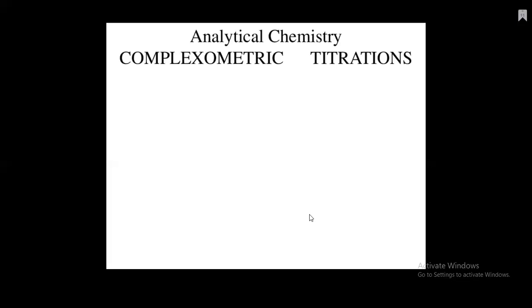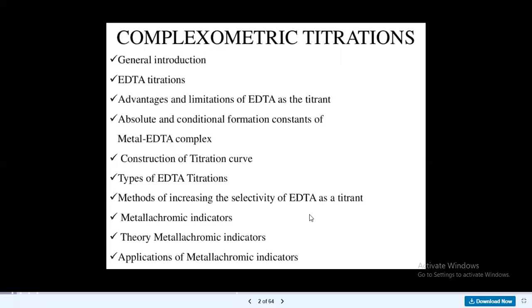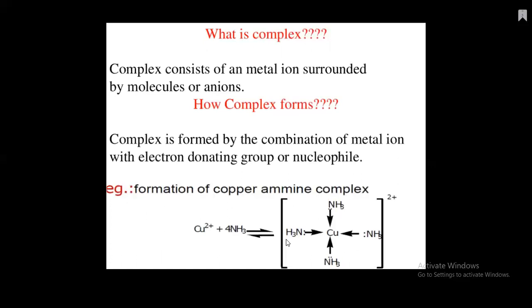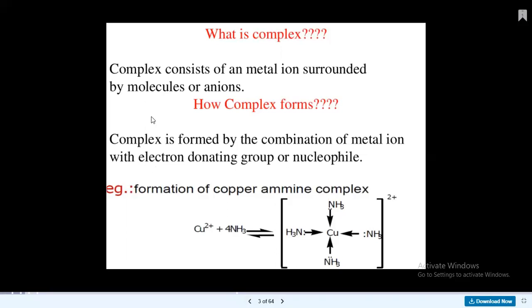Now we start with what a complex is, or the complex formation requirement. Under this heading, we will cover different headings. Basically, a complex consists of a metal ion surrounded by molecules or anions.